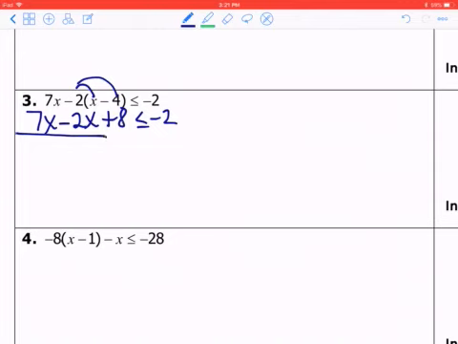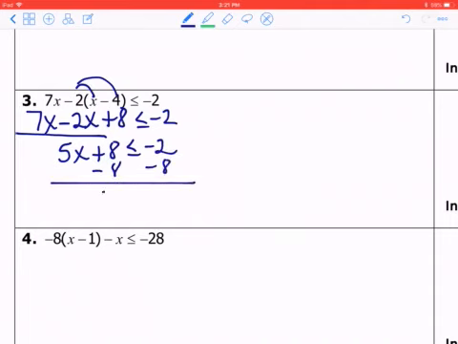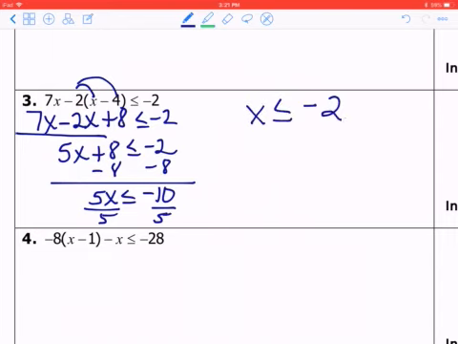Combine like terms to get 5x. Go ahead and subtract 8. Negative 10, divide by 5, and we should get x is less than or equal to negative 2.